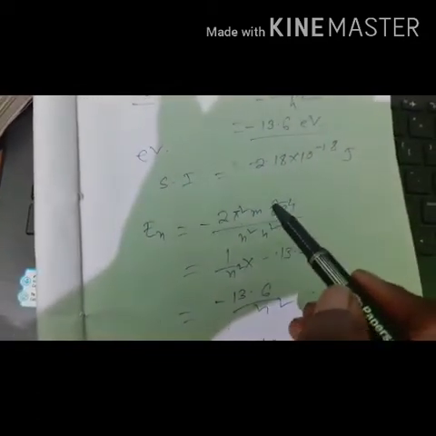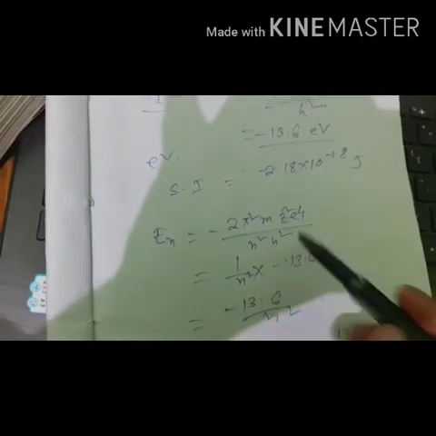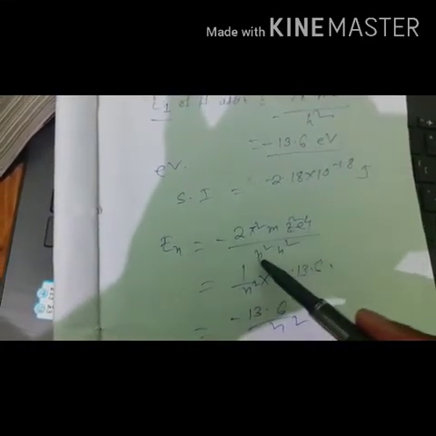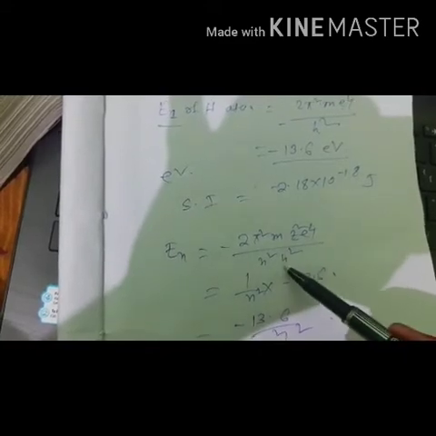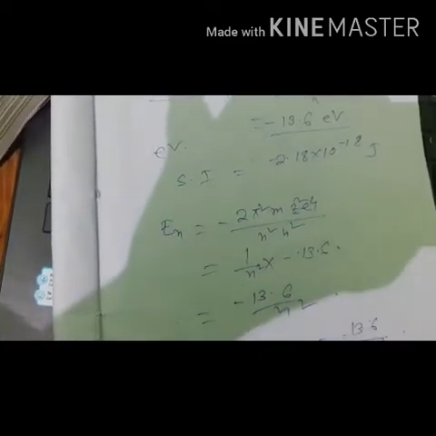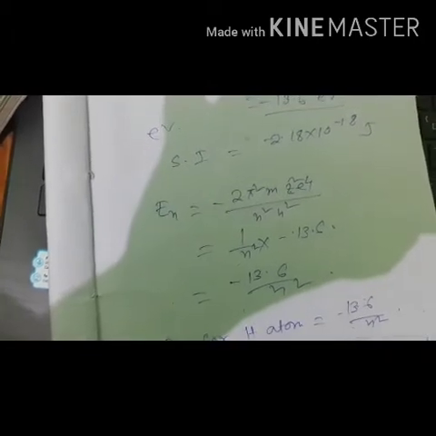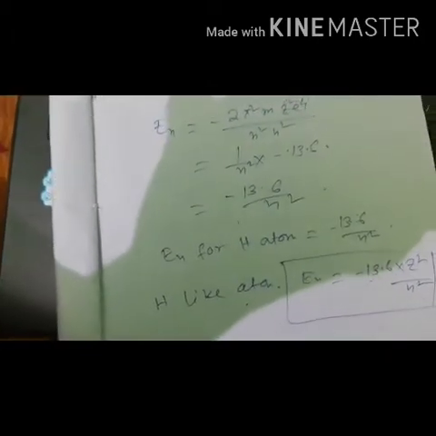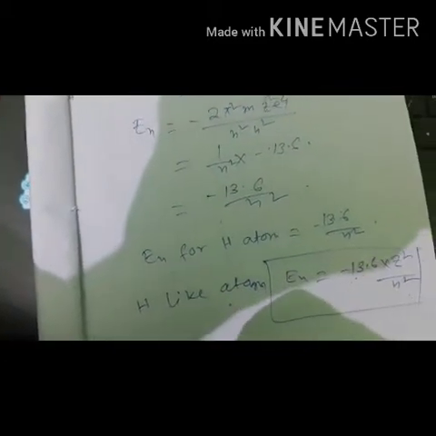Here the Z value is not equal to 1 and the n value is not equal to 1, so Z square and n square will be separated, and the remaining 2 pi square m e to the power 4 divided by h square is the E1 of hydrogen, which is minus 13.6 in electron volt unit. So minus 13.6 into Z square divided by n square is for a hydrogen-like atom. Hydrogen-like atoms means beryllium 3 plus, lithium 2 plus, etc.